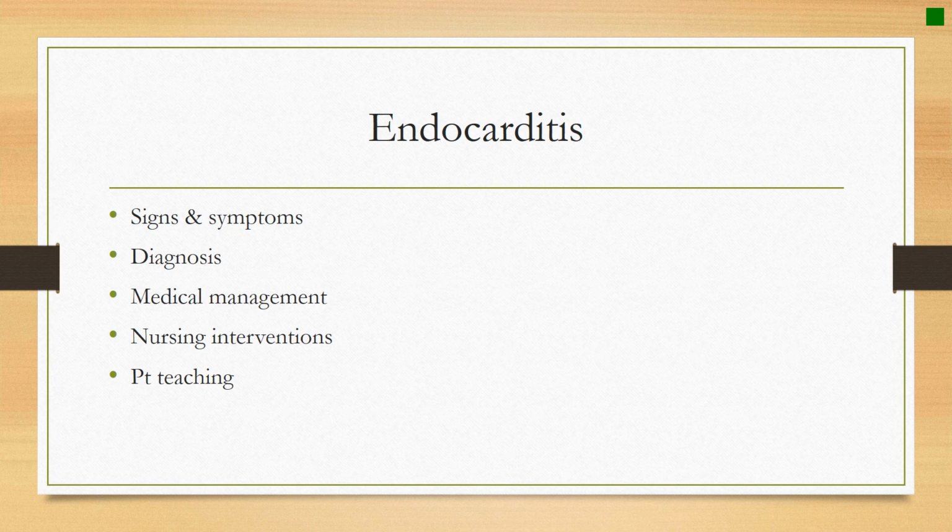You educate them on that. These signs and symptoms will show evidence of recurrent infections like malaise, fever, fatigue, and chills. Basically, to prevent infection, that's the key, and they will have to take antibiotics per order prior to dental procedures and those other procedures that I mentioned earlier.